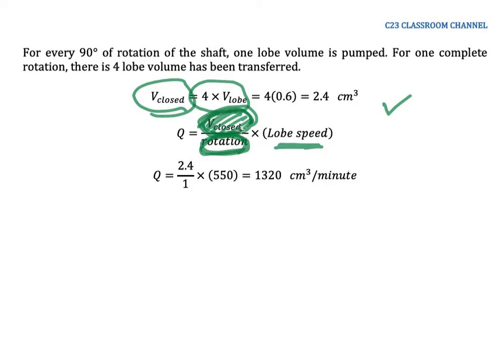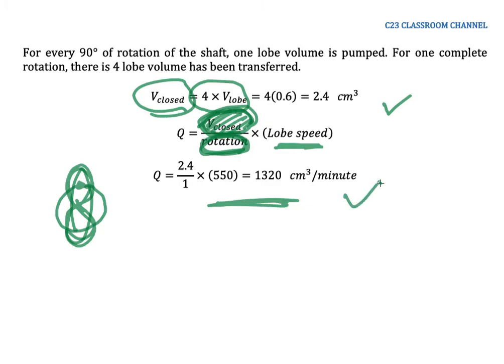Rotation means one lobe rotating from this point back to its original location, so it is 360 degrees. So we could calculate Q as 2.4 divided by 1, meaning 1 full rotation, times 550 rpm. So it will give 1320 centimeter cube per minute.